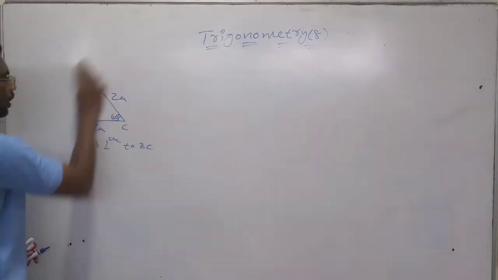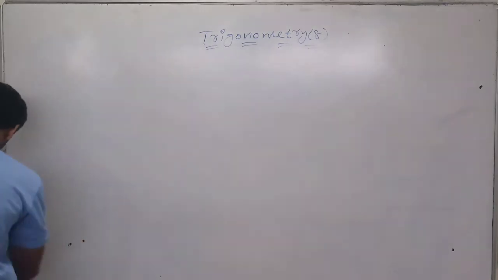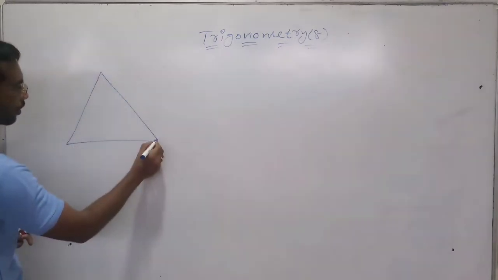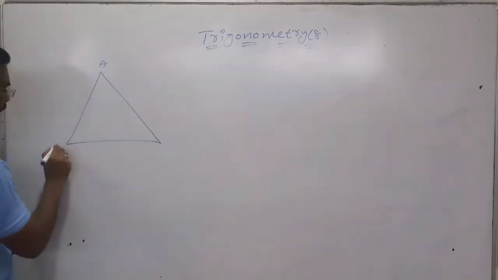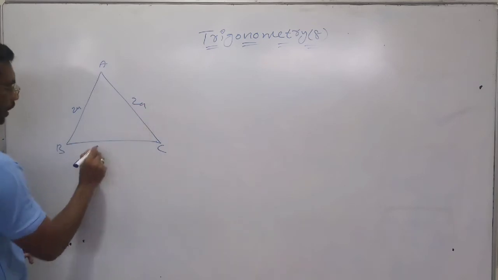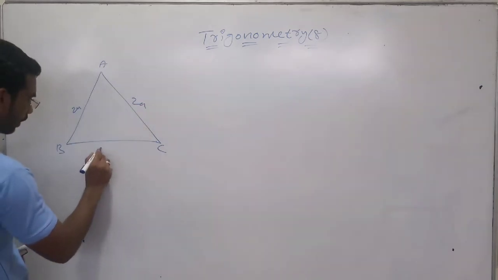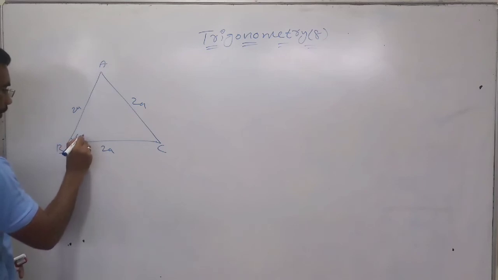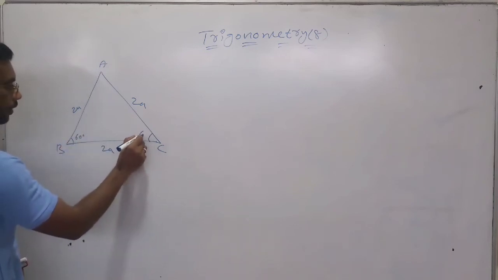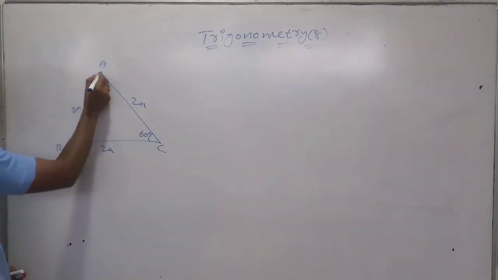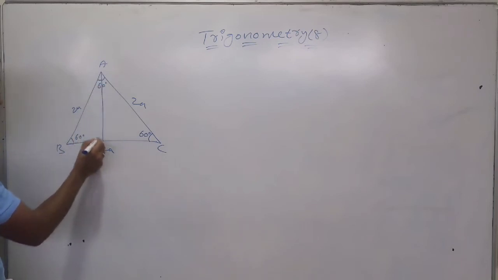Let me draw this very big so that you can understand properly. A, B and C. 2a, 2a and this is also 2a. Now 60 degrees, 60 degrees, 60 degrees. Okay. To make it a right angle triangle, divide it.